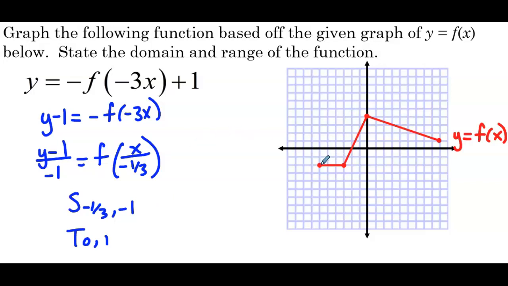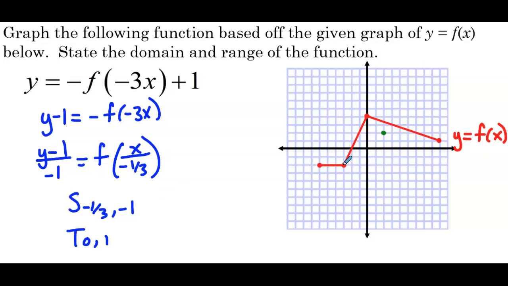So we'll start with the point negative 6, negative 2. So multiplied by negative 1/3, negative 1, that's going to become positive 2, positive 2. Okay, so we have positive 2, positive 2. Then we're going to take the point negative 3, negative 2, same thing.